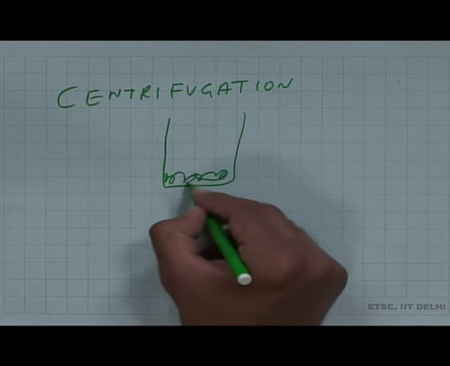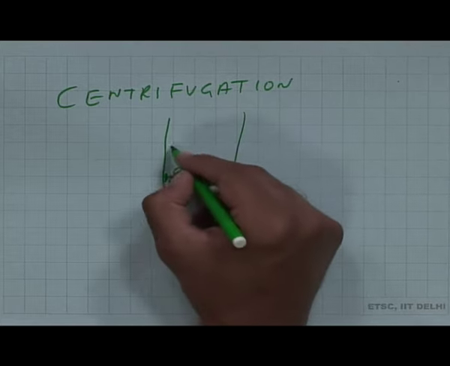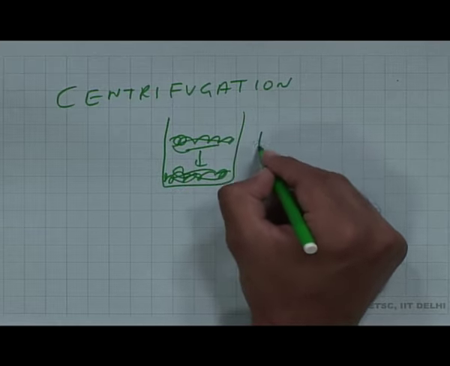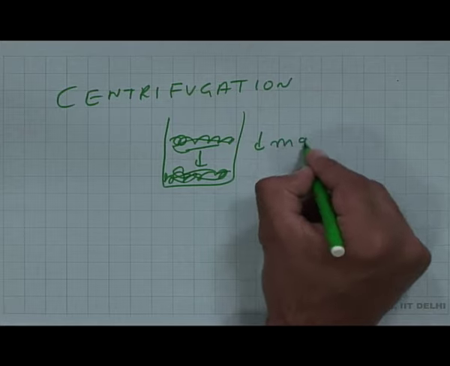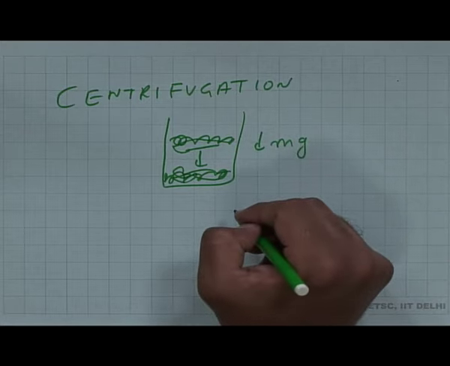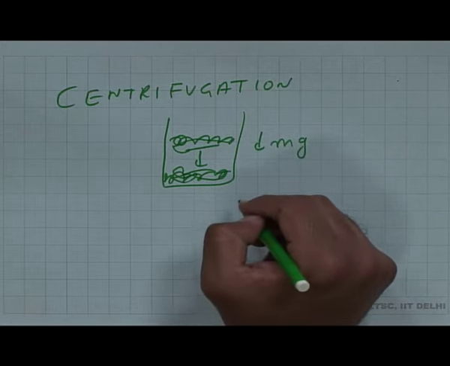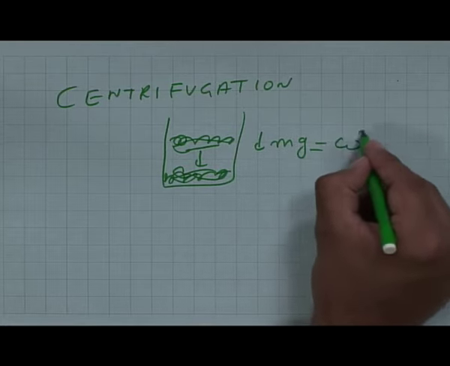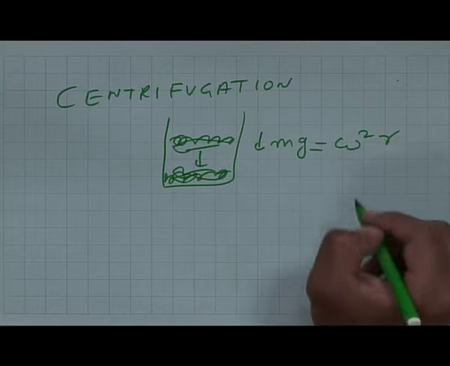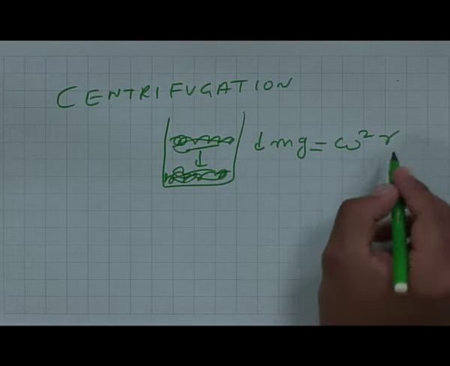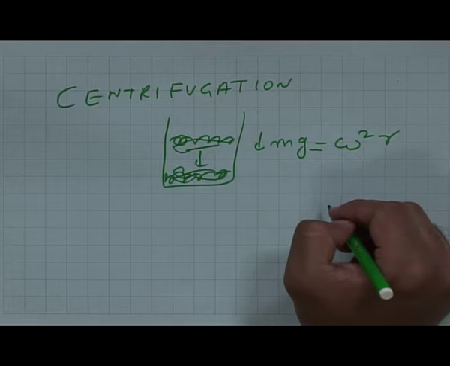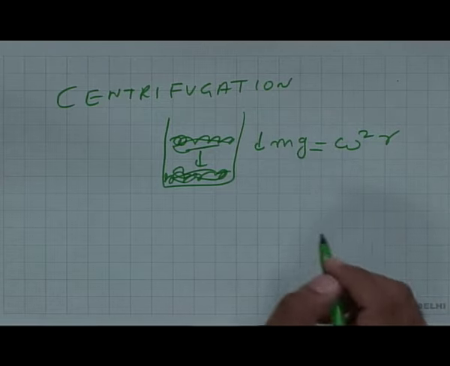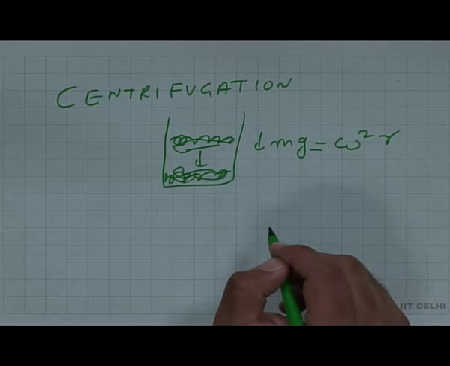So, the biomass that is settling here, or the biomass that is over here and moves to here, the force that is acting is mg, the gravity. Okay. And now in centrifugation you replace this force by omega squared r. Omega is your angular velocity, while r is the radius of the centrifuge, and then basically you can accelerate this settling.